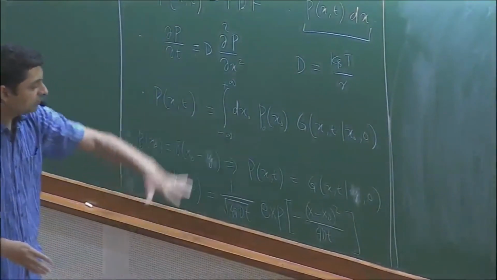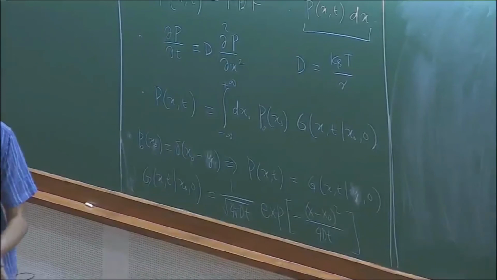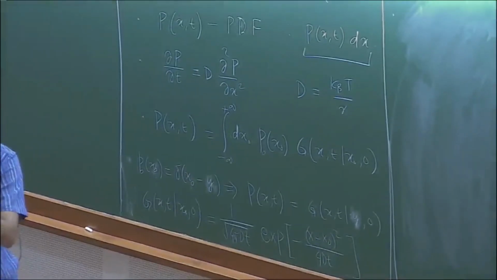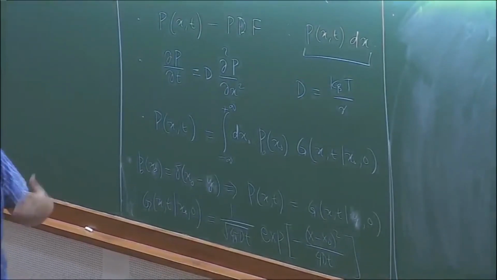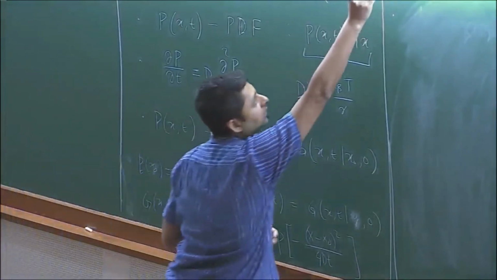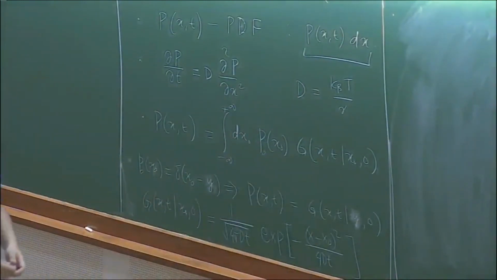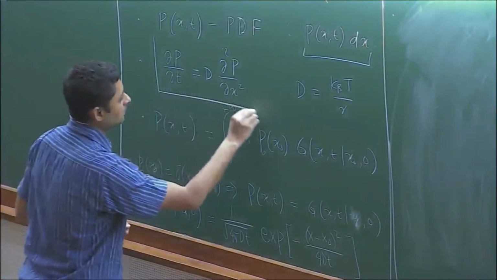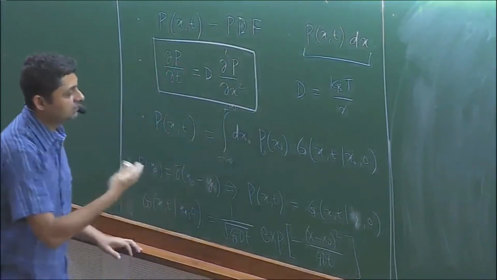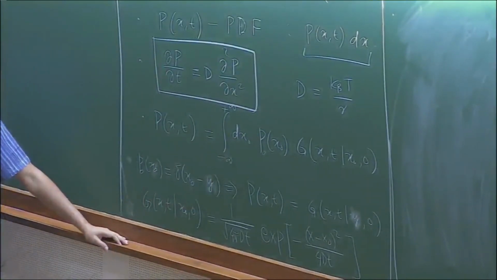So here, whatever we have been talking about is completely classical. It's just a classical particle in a medium, and this noise is just coming from thermal fluctuation, the temperature. But there is another area where you have seen similar equations.